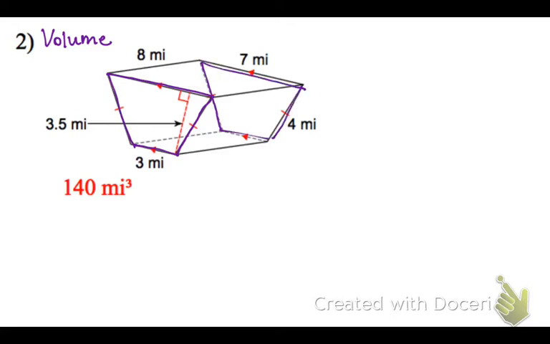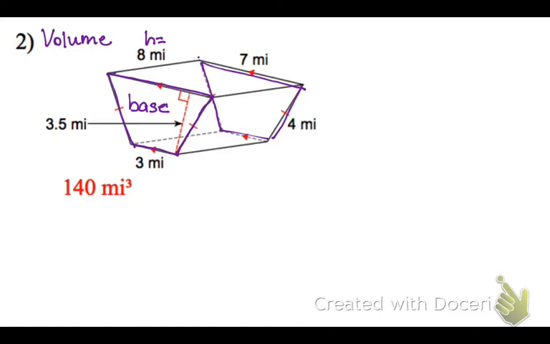Okay? And so here's the trapezoid is our base, and our height. If you think about tipping this over so that base is on the table, then the height off the table is going to be 8 miles in this case.